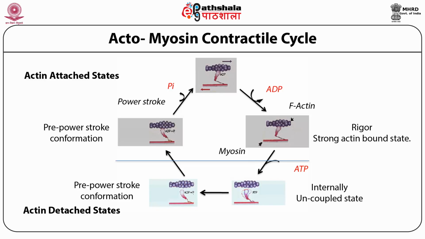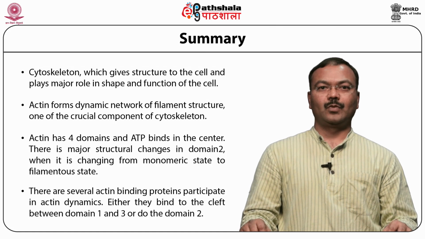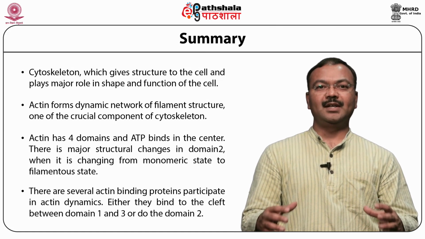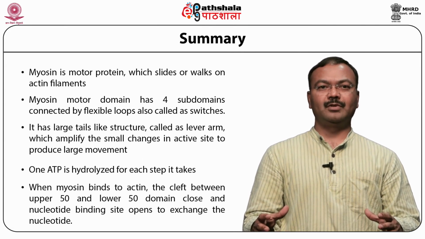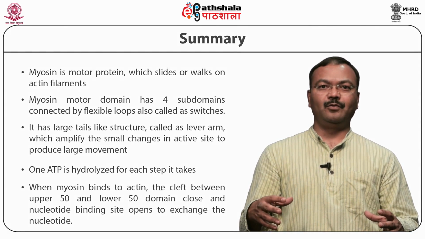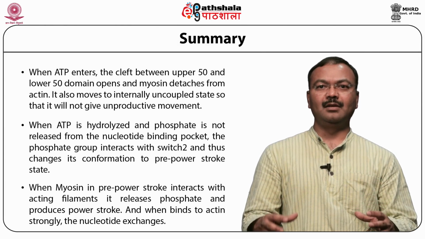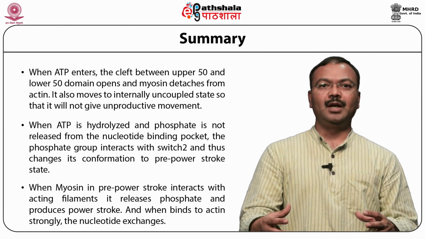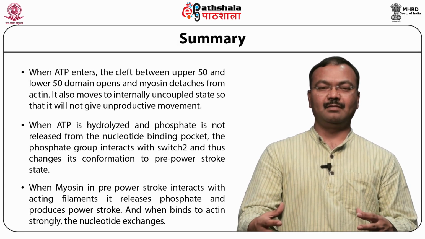Now this contractile cycle, once you have all the structures, helps you understand the motor mechanism and the structural changes in the myosin head. Okay, now I summarize this module on the structure of actin and myosin. The cytoskeleton gives structure to the cell and plays a major role in the shape and function of the cell.